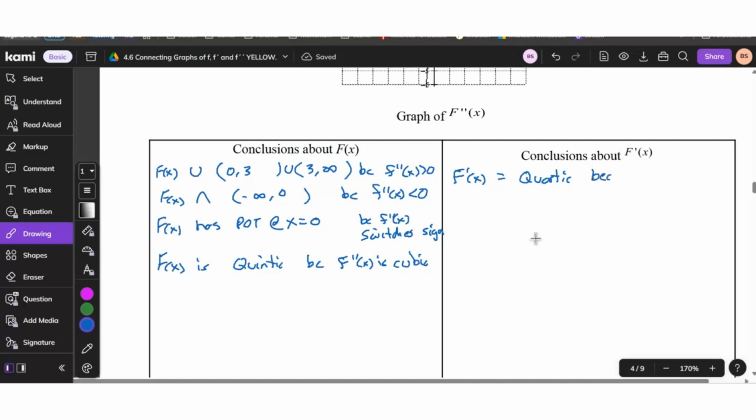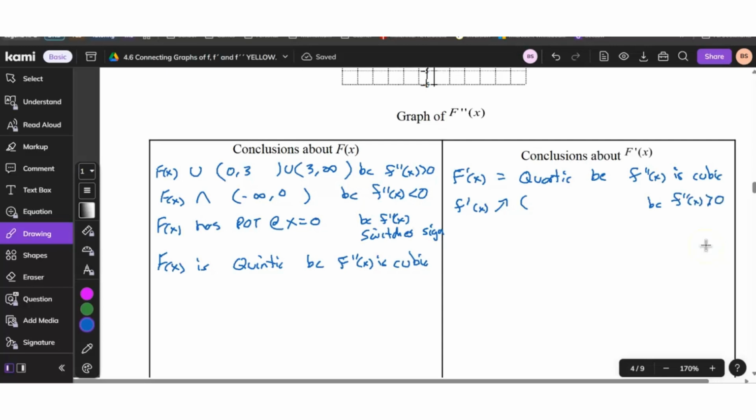And our reasoning is because f double prime of x is cubic. All right, so then you want to talk about where it's increasing. Sure. So f prime of x is increasing. And where is it going to be increasing? Anywhere that f double prime is what?